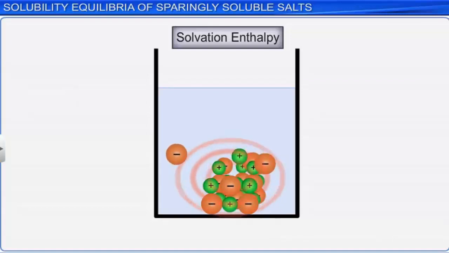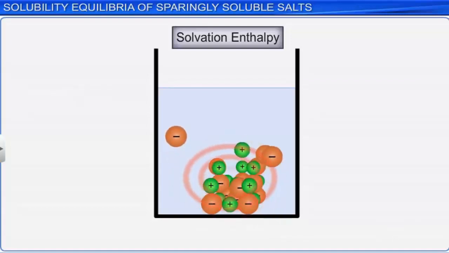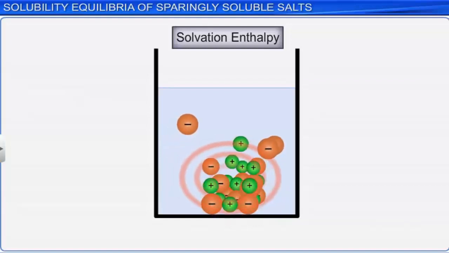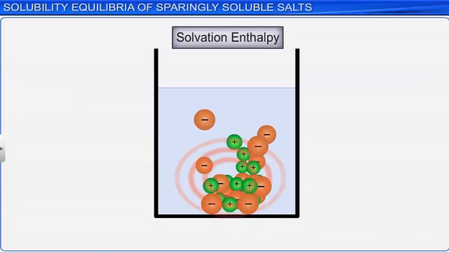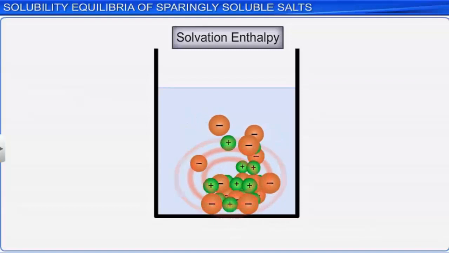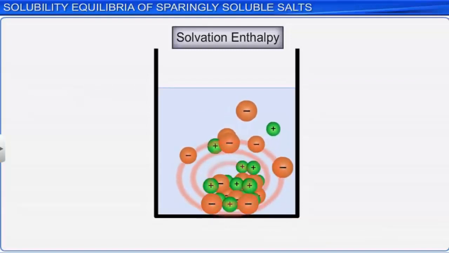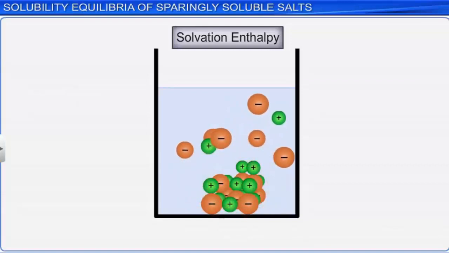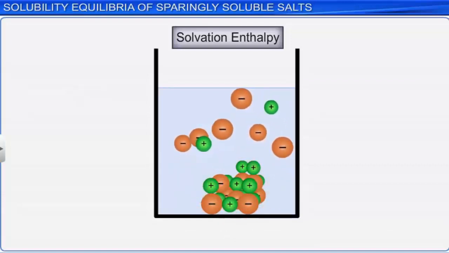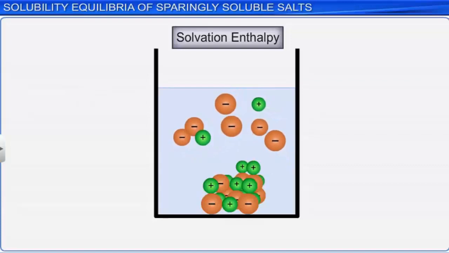The amount of energy released when 1 mole of a solid salt is dissolved in a solvent is called the solvation enthalpy. In other words, the energy released during ion-solvent interactions or in the process of solvation is called solvation enthalpy.